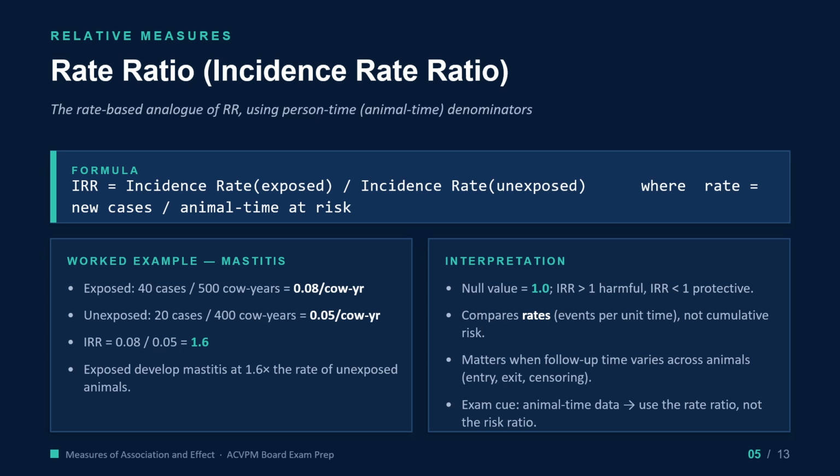This distinction matters when follow-up time varies substantially across study participants. For the ACVPM exam, recognize when a scenario provides animal time data and understand that this calls for the rate ratio rather than the risk ratio.